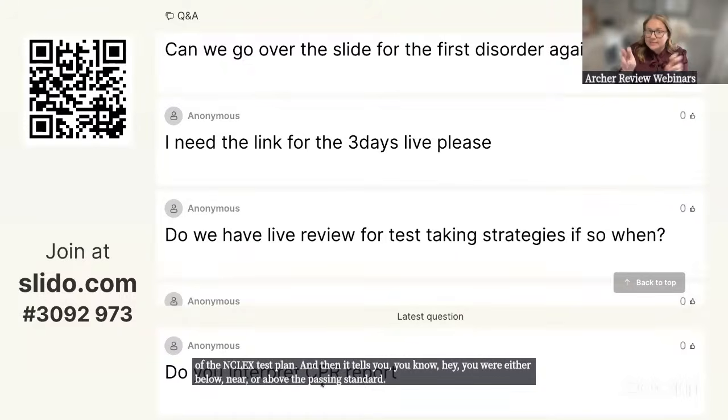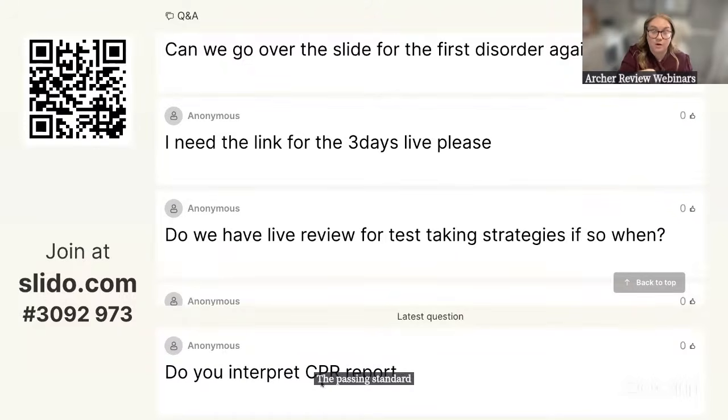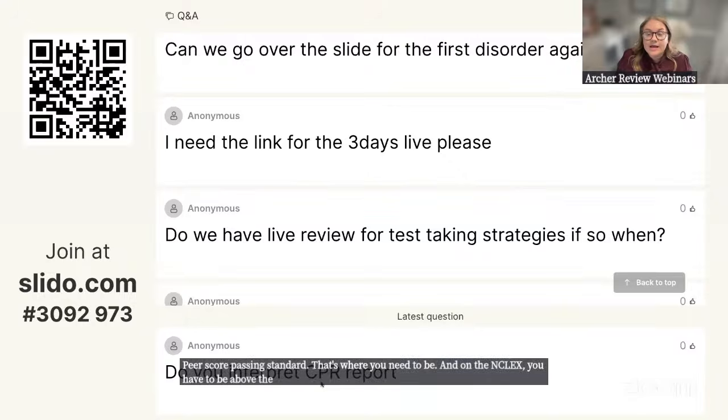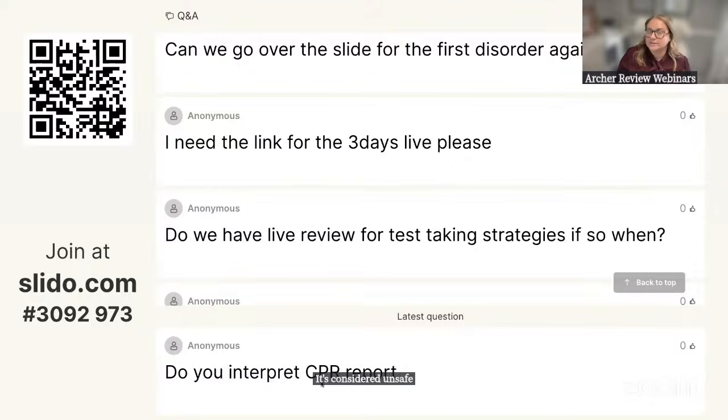The passing standard is that peer score, okay? We just call it something different. Peer score, passing standard. That's where you need to be. And on the NCLEX, you have to be above the passing standard in every single one of the categories. If you're below on anything, it's considered unsafe and you will not pass the exam.